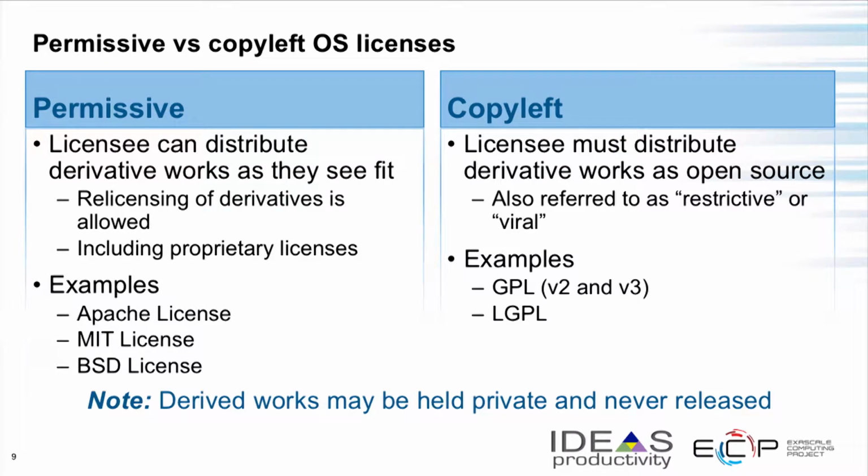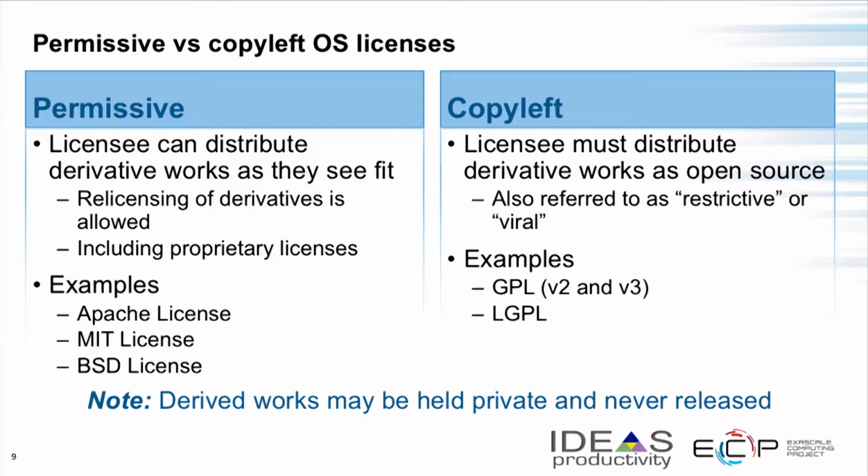Whereas with a permissive license, and we'll talk about this more a little later, you can license and redistribute derivative works as you see fit. So you may have heard of some of these permissive licenses, as well as some of these copyleft licenses.